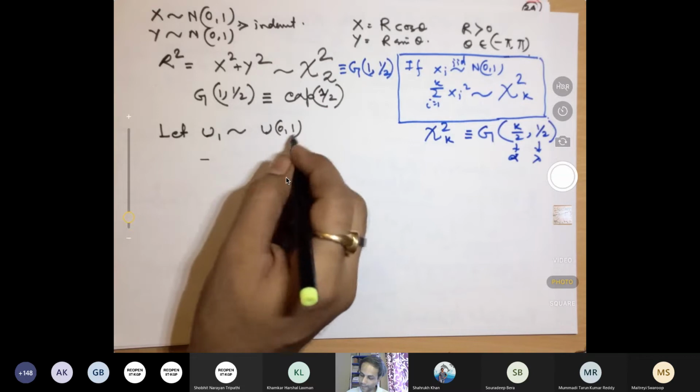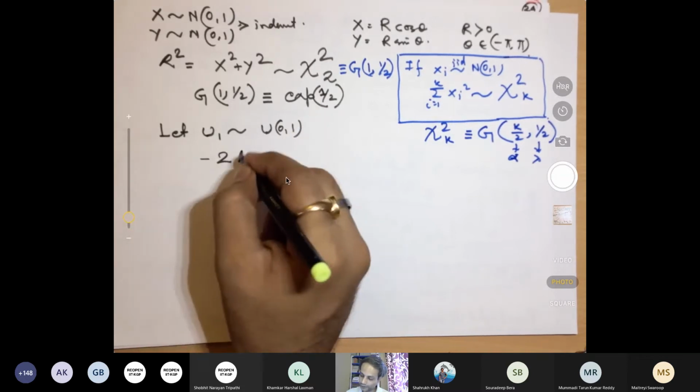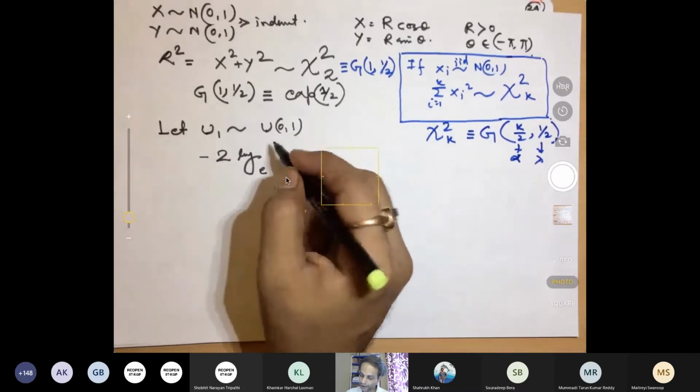Lambda is half here, so minus 2 log of 1 minus U1.